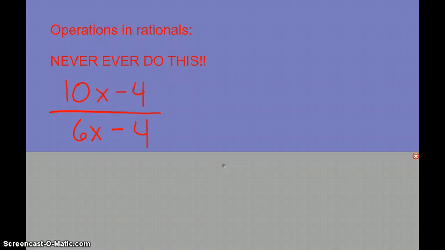Never find yourself saying, I have -4 on both top and bottom, so I get 10x over 6x, which is 5x over 3. That is very, very, very wrong. You cannot cross something out or divide something out over addition and subtraction. And we're going to clarify that in a minute.